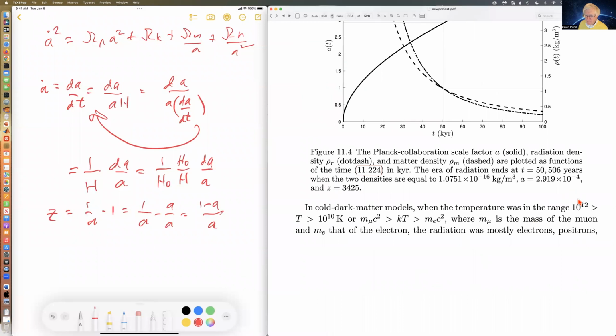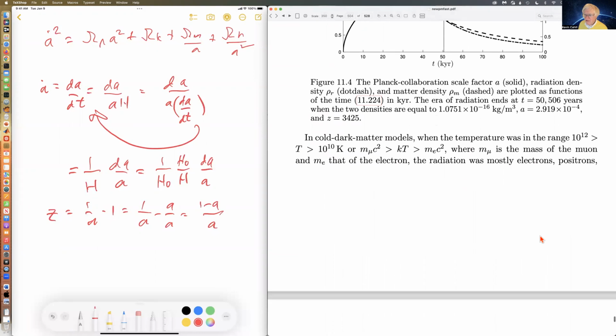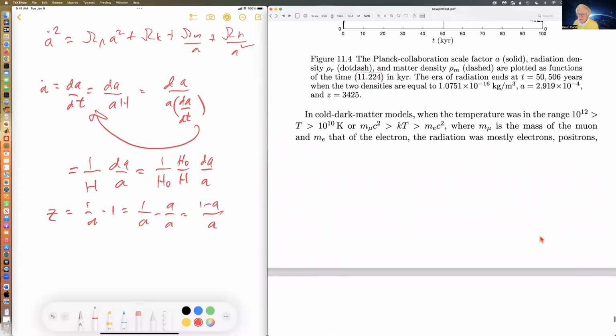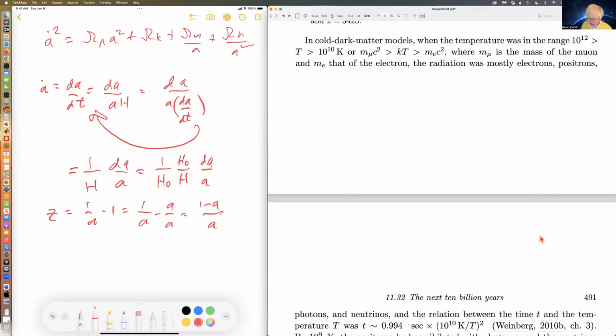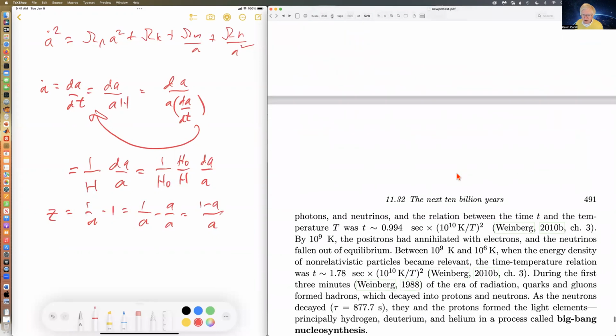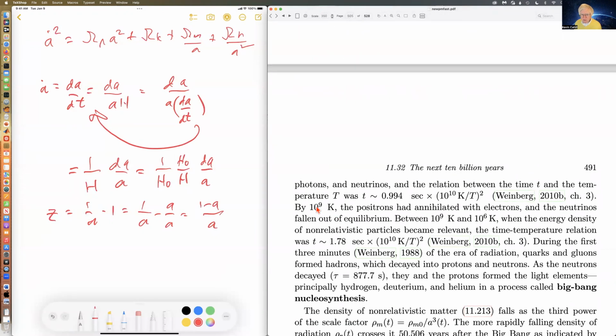In particular, when the temperature was between 10 to the 10th and 10 to the 12th Kelvin, the radiation was mostly electrons, positrons, neutrinos, and dark matter, but we don't know what dark matter was. When temperature dropped to 10 to the 9th, the positrons had annihilated with electrons, but the neutrinos had already fallen out of equilibrium.